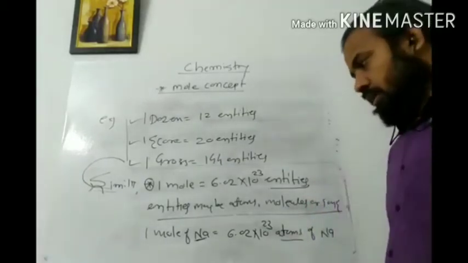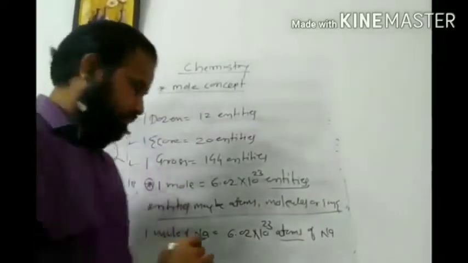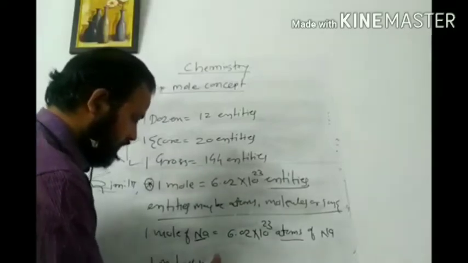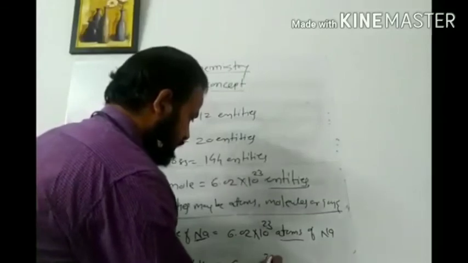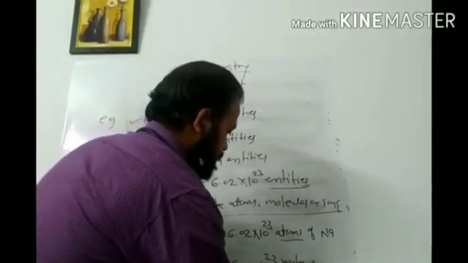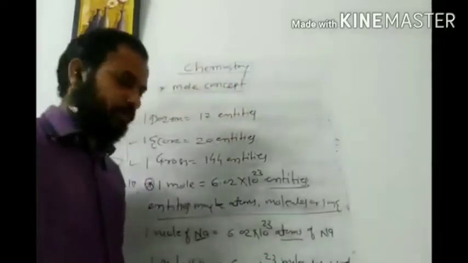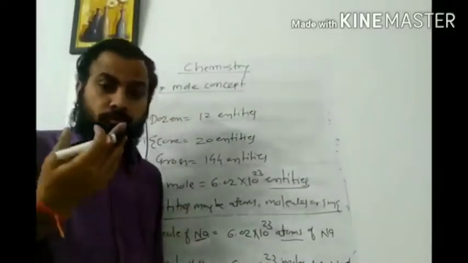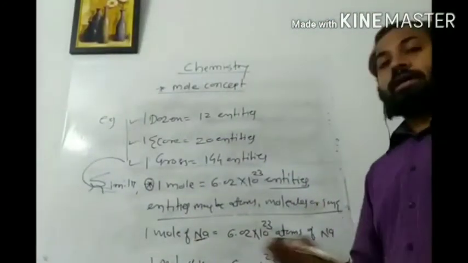Okay, so in this way, I will give you one more example. 1 mole of H2. Let us say 1 mole of hydrogen. So it is equal to 6.02 into 10 raised to 23 molecules of hydrogen. Now here why am I writing molecules? Because hydrogen exists in the form of molecules. Now what should I do if I want to calculate the atoms?